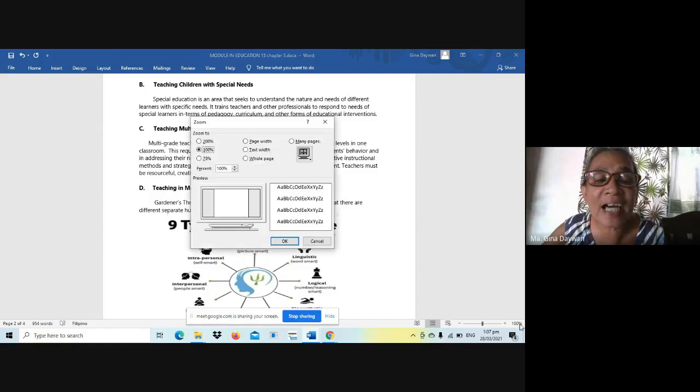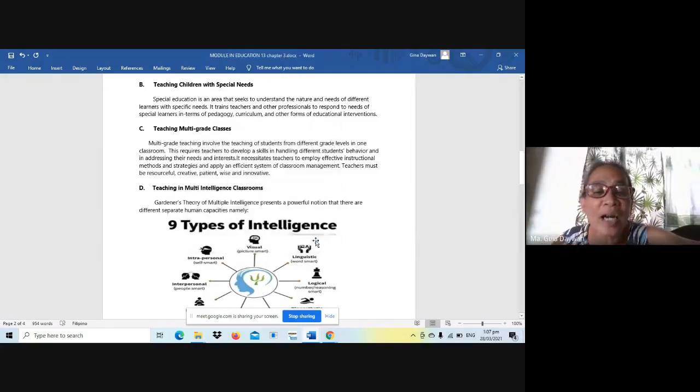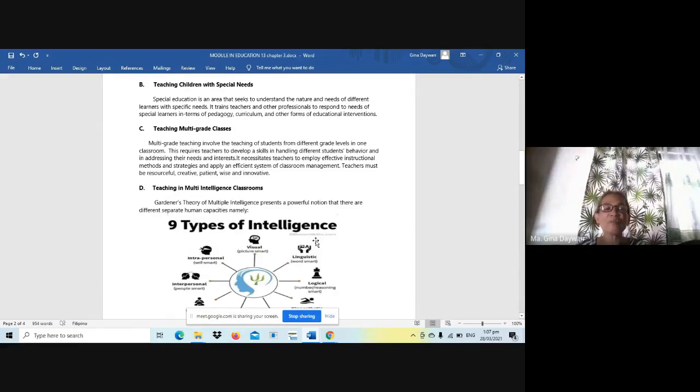Okay, next, another challenge: the teaching of multi-grade classes. When you say multi-grade teaching, this involves the teaching of students from different grade levels in one classroom. For example, in your classroom you will be teaching grade 1, grade 2, and grade 3 students.